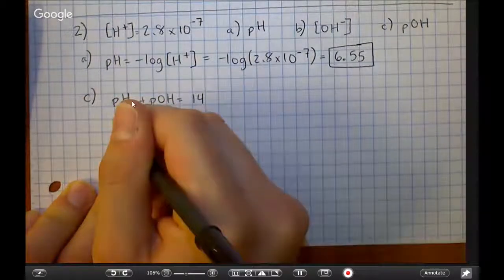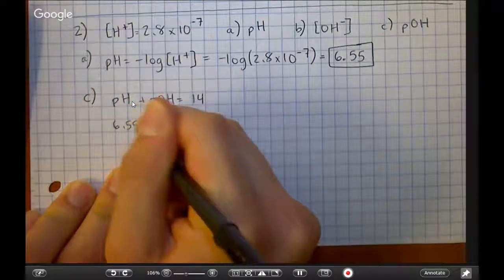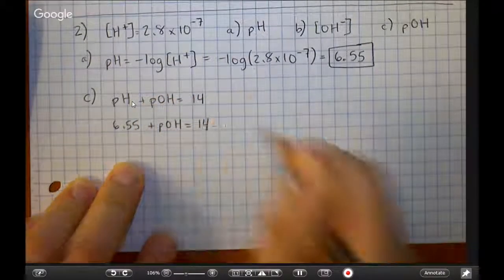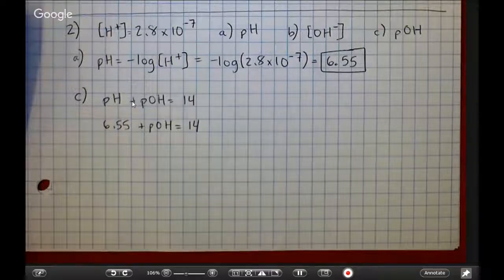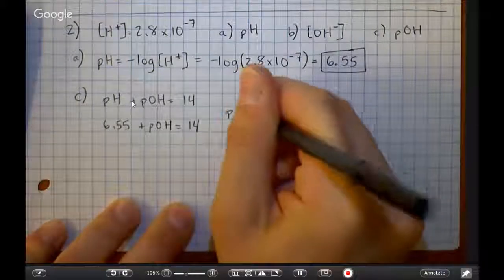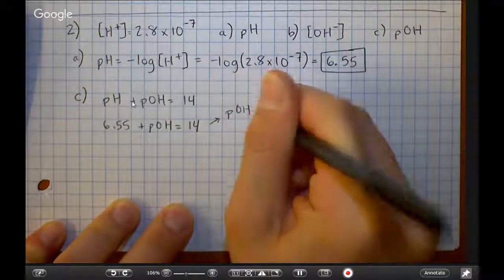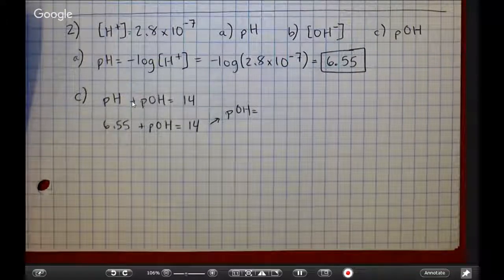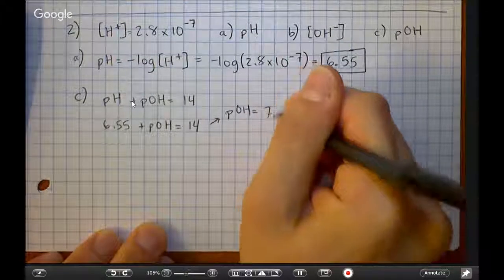We know that our pH is 6.55. So if we plug it in and solve for pOH, what do we get? Okay, 7.45.